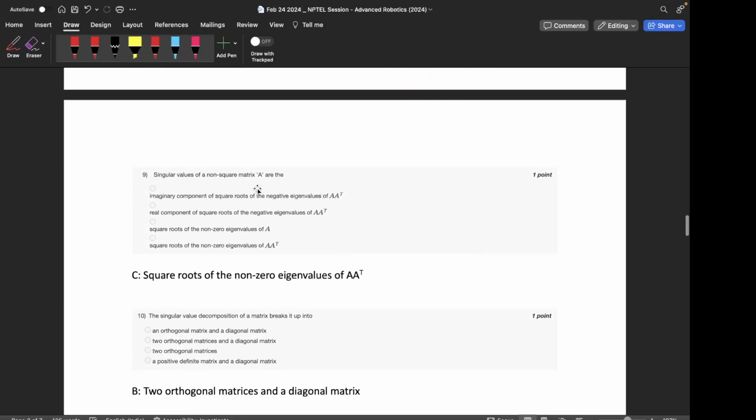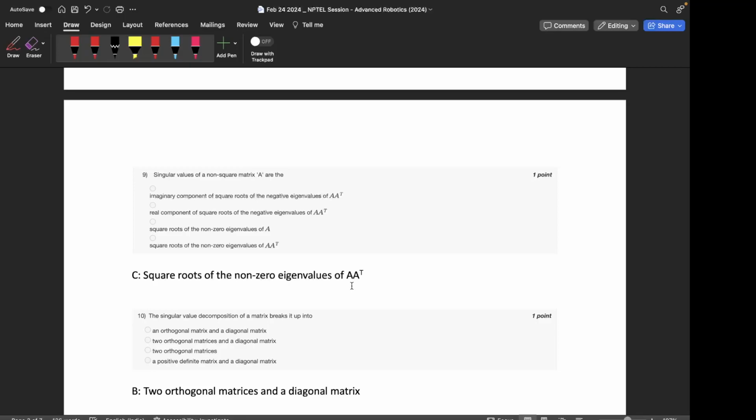Singular values of a non-square matrix A are the square roots of the non-zero eigenvalues of A transpose A. So this is a straightforward mathematical result. You can see this derivation in a mathematics textbook, that the singular values sigma 1 and sigma 2, or sigma i's, of a non-square matrix A are related to the eigenvalues of the square matrix A transpose A, right?